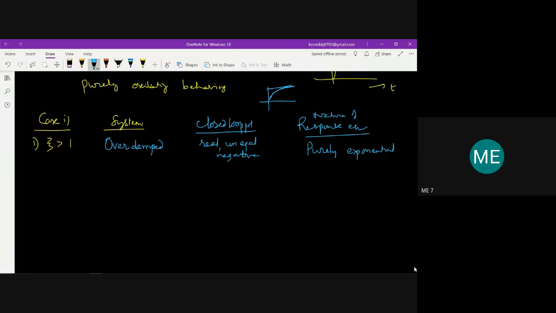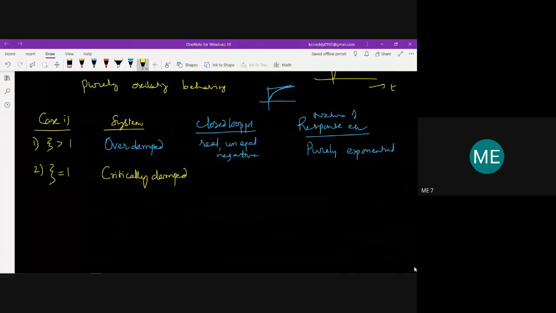The second one, which we have discussed, is zeta equal to 1. We can call it a critically damped system. What kind of roots did we get in the case of zeta equal to 1? We got real, equal, and of course negative roots.